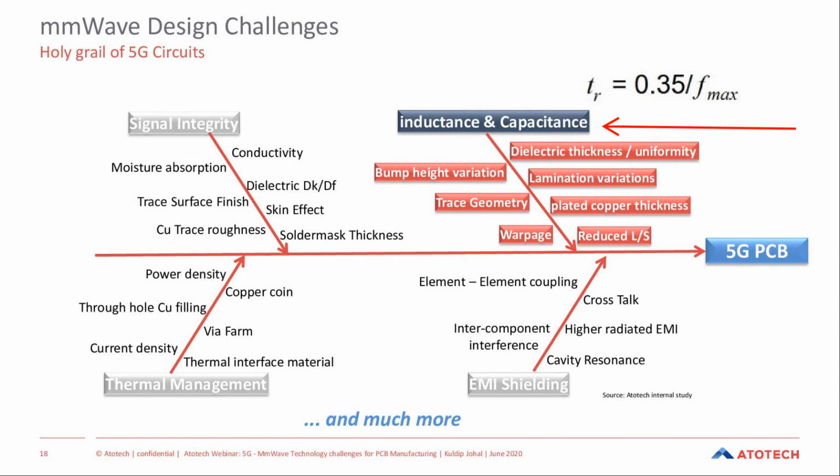There are basically 4 parameters that we need to consider when we look at impedance and capacitance control: inductance, resistance, capacitance, and conductance. When you combine this with the dielectric constant of the insulating material, this is how you can calculate your impedance transmission impacts.